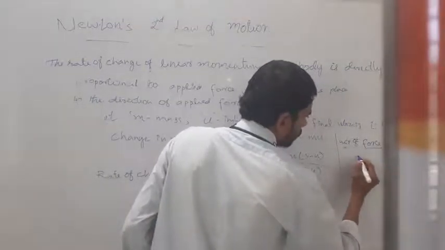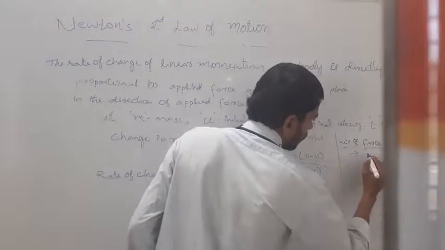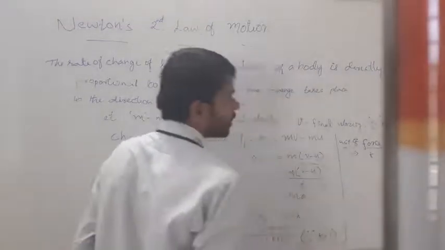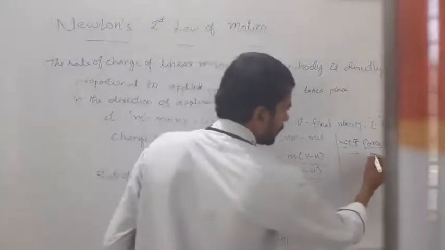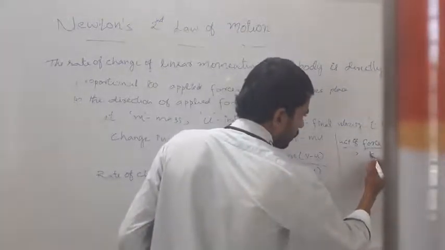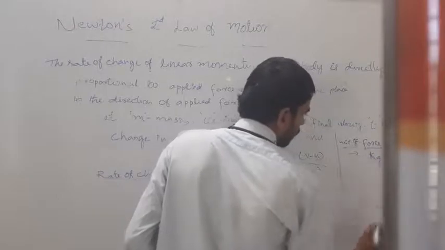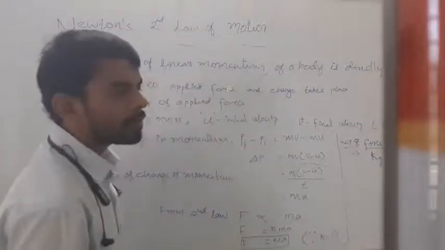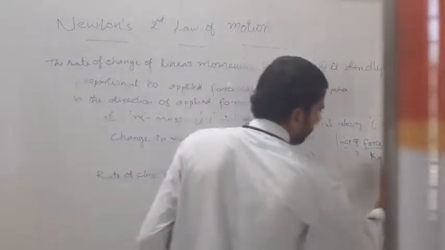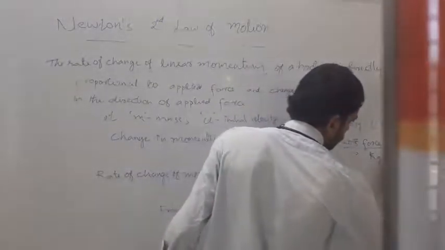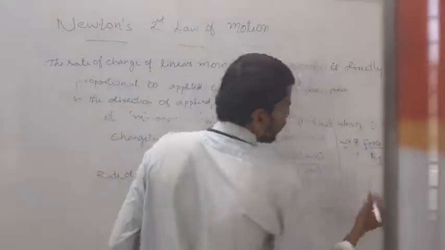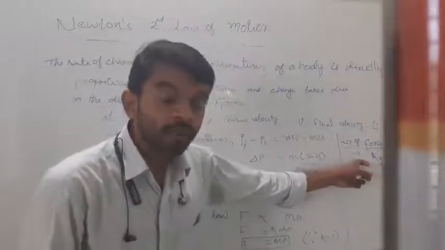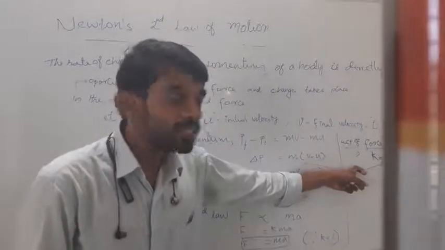Here the unit of mass in SI unit, or the CGS or the MKS unit, is nothing but kg. And the unit of acceleration is meter per second square. So this is the unit of force in terms of base quantities, in terms of fundamental units.